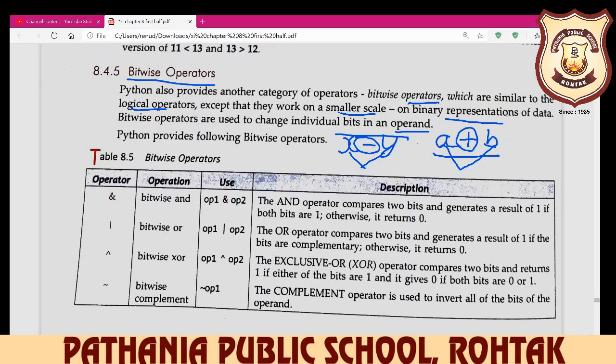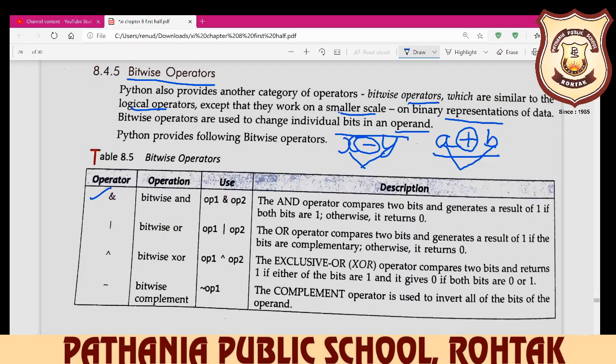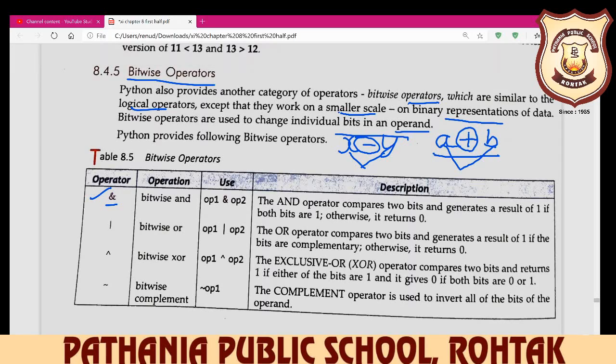Now again come to the bitwise operator. Four operators are there. One is the AND operator, the symbol is the ampersand sign. Second is the OR operator, which you can say the bar operator. Next is the bitwise XOR, which is used for the XOR operator.